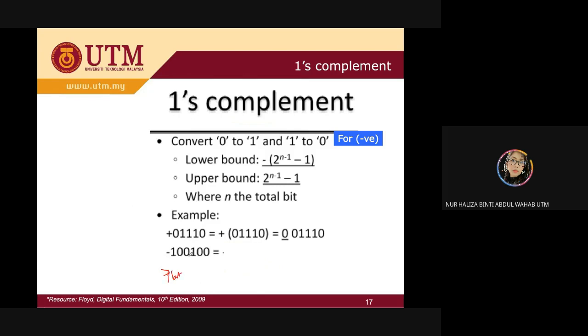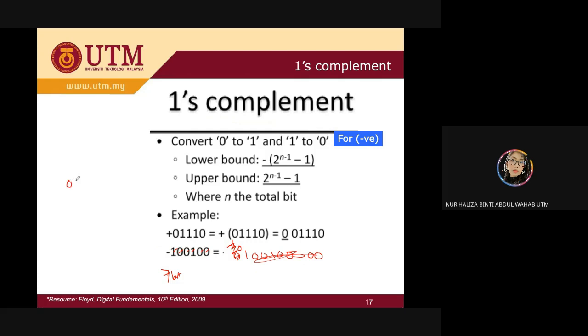That's why you need to count first: 1, 2, 3, 4, 5, 6. You need to add another 0 in front just to complete it to be 7 bits. You cannot put 1 because your magnitude or your value will be different. You just put 0. If it is 8 bits, you just put 0, 0 in front here.